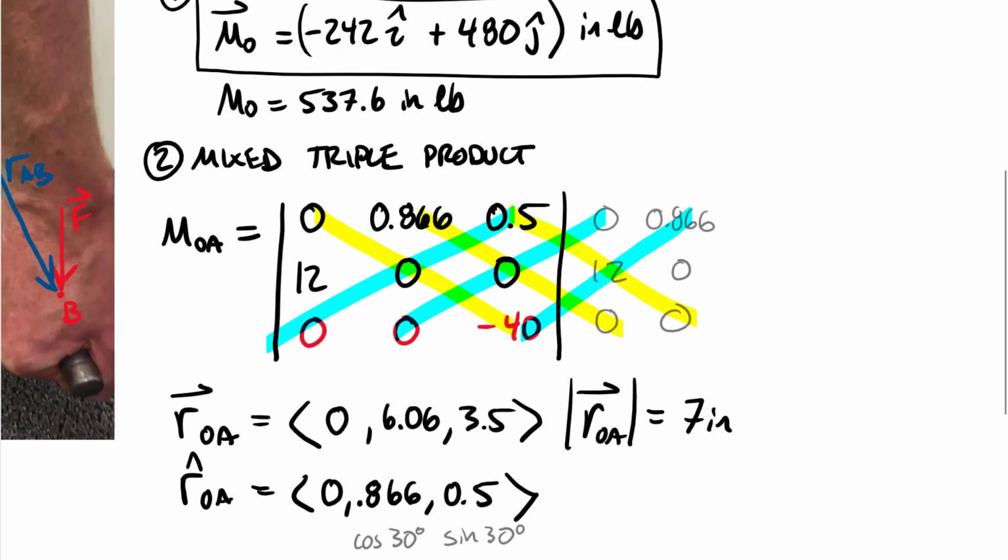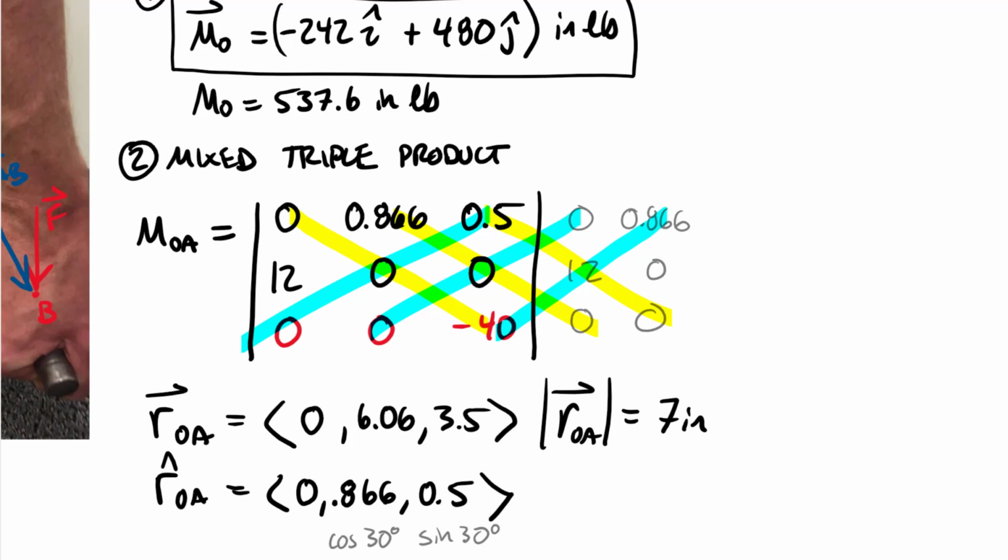And so it turns out that my scalar moment of that force around line OA is equal to 0.866 times 12 times negative 40, but it's the negative of that because it's a negative slant. We end up with a positive value equal to 415.68, and this is in inch pounds.